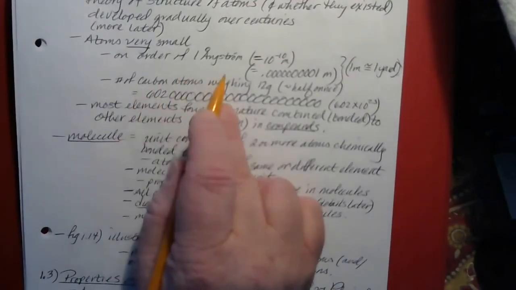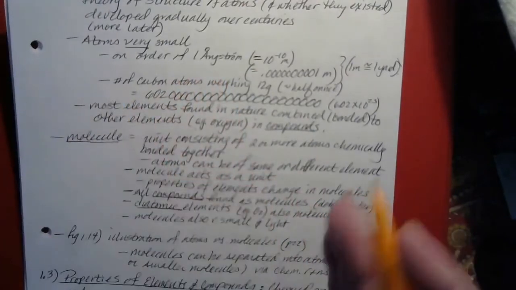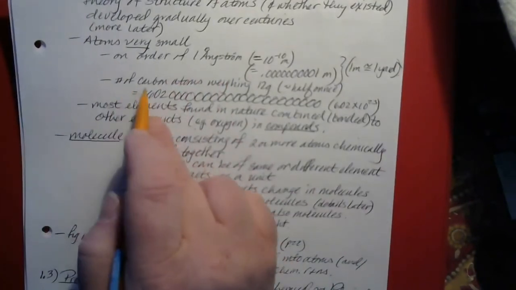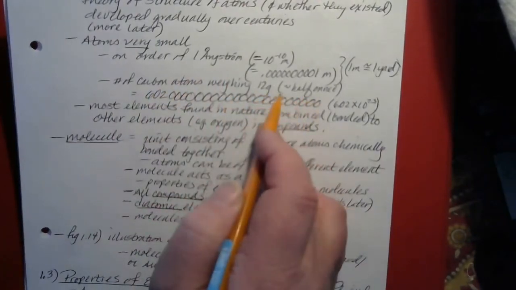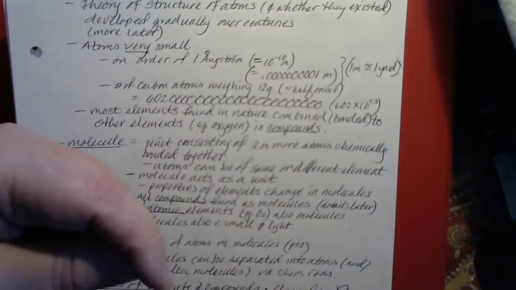So we're dealing with stuff that's very, very small. On the other hand, any appreciable amount of a substance involves an absolutely enormous number of atoms. If you have, say, 12 grams of carbon, which is about half an ounce, say in the form of graphite, you've got a bunch of pencil leads. We call it lead, but it's actually graphite, which is carbon.